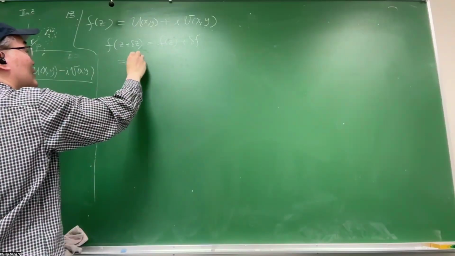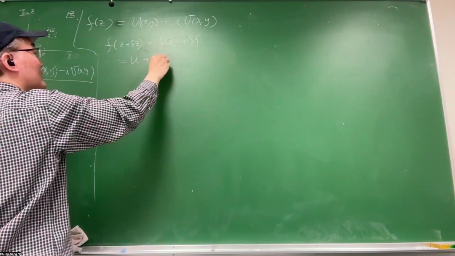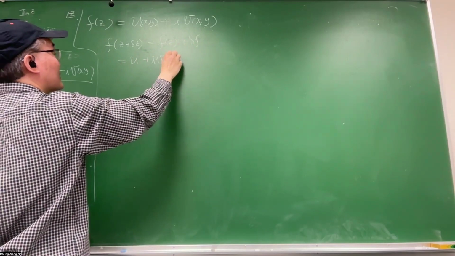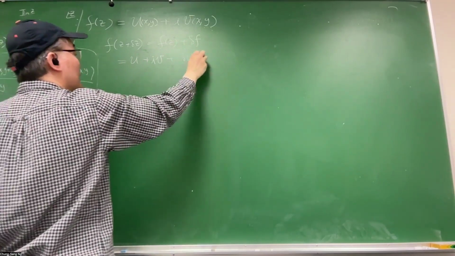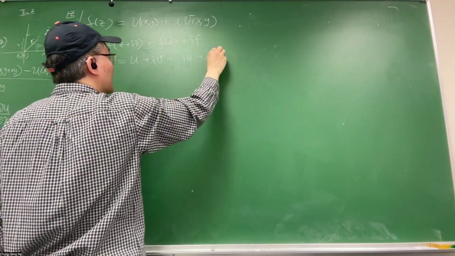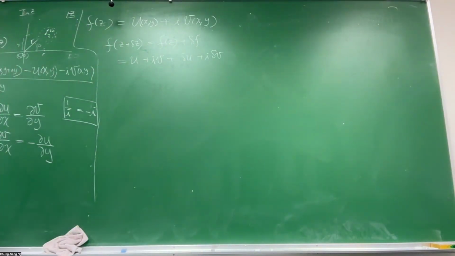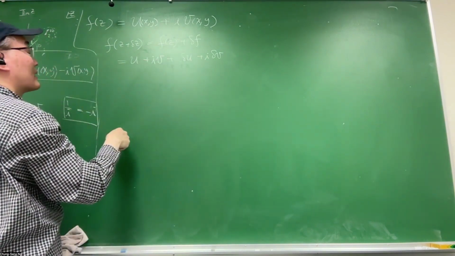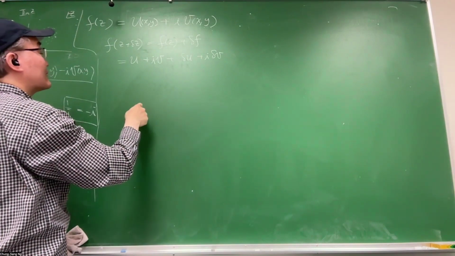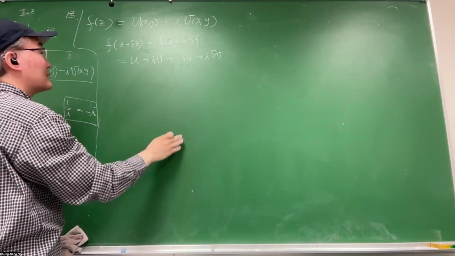So this would be u plus i v, plus delta u plus i delta v. Right. That is straightforward.